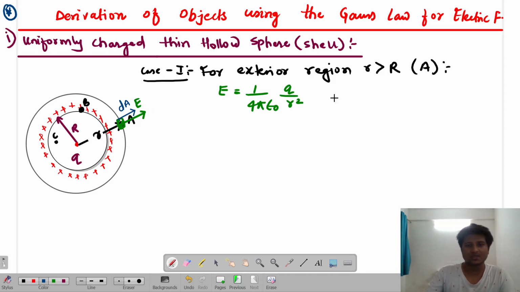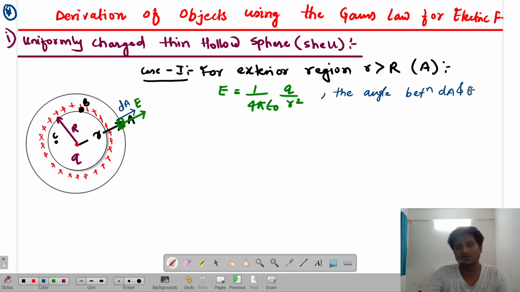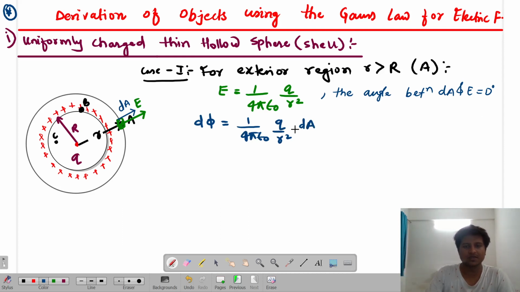So that means the angle between dA and E is how much? जीरो, है कि नहीं? So therefore, let's suppose if I define a small flux due to that dA, it will be E, 1 by 4 pi epsilon naught Q by r square, and cos 0 is how much? 1. So just dA, isn't it? And then I need to integrate it to get the total flux.